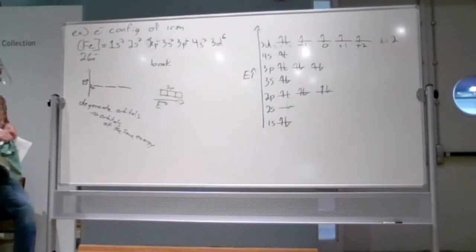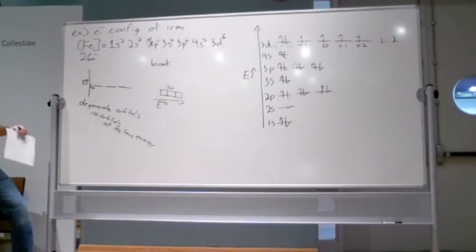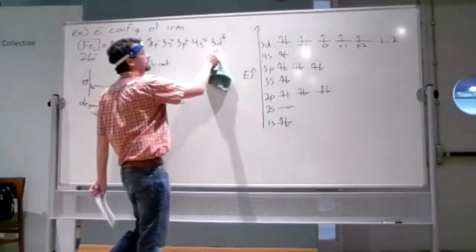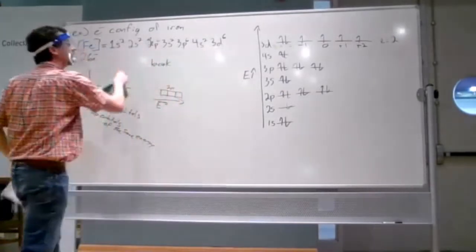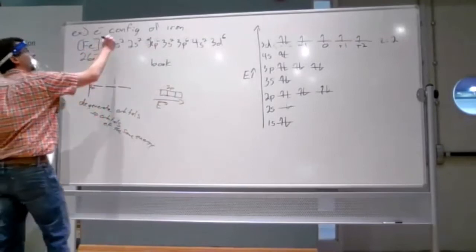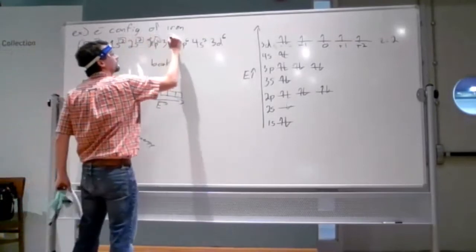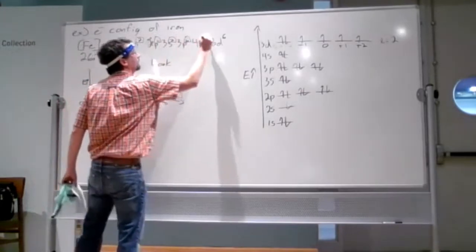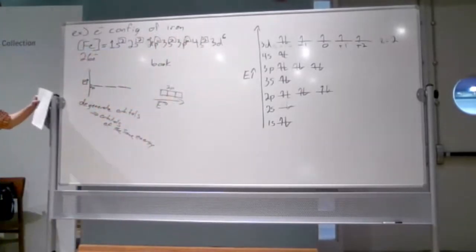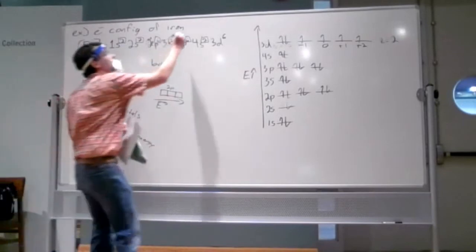Yeah? How did you get 3d6? How do you get the 6? Okay, so how did I get this 6 value? If you look up to this point, if we add all of these occupations that I'm squaring, if you add that all up, what's the total you get? Yeah, you get 20, right?